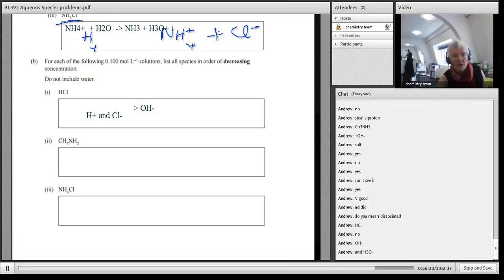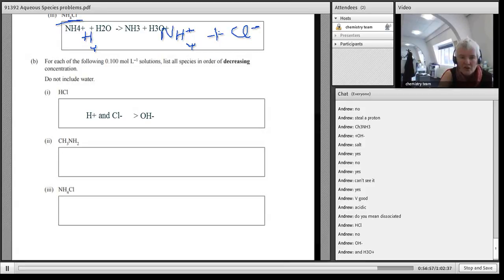Okay, so I hope that's clear, you would list it pretty much like that. So it's HCl, you could say H plus equal to the chloride ions. Ideally, as a matter of interest, I could write that more correctly by putting square brackets around those species, because I've asked about a concentration.